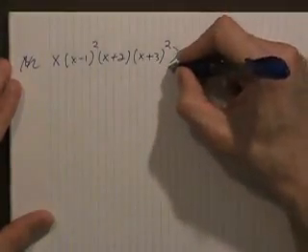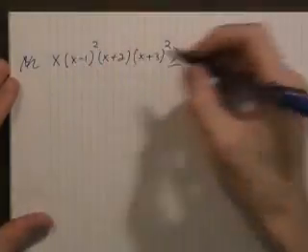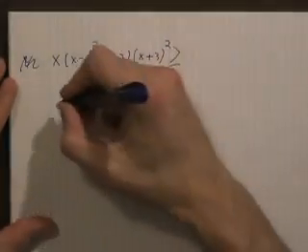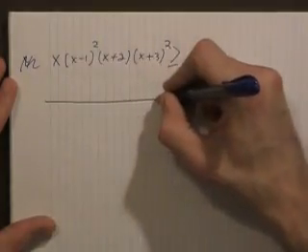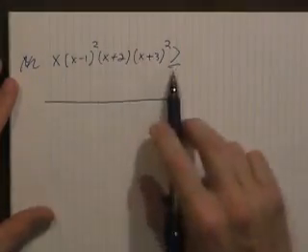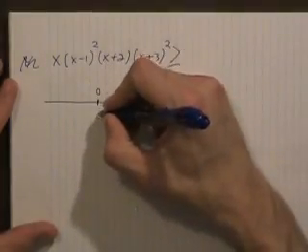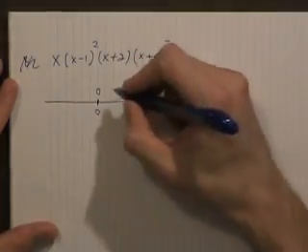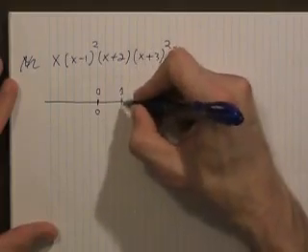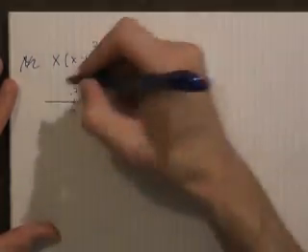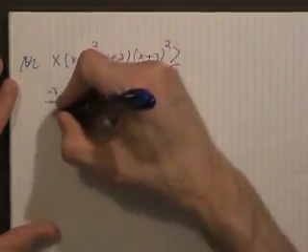If I want to solve this inequality, all that you really need to know is where the sign changes are going to occur. So you just draw out the x-axis here. Mark down where it equals 0. So it's at 0, it's 0. At 1, it's 0. At negative 2, it's 0. And at negative 3, it's 0.